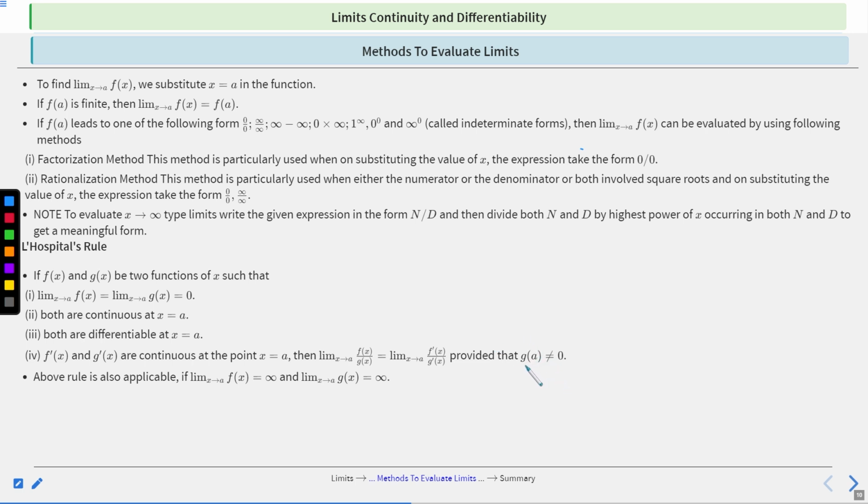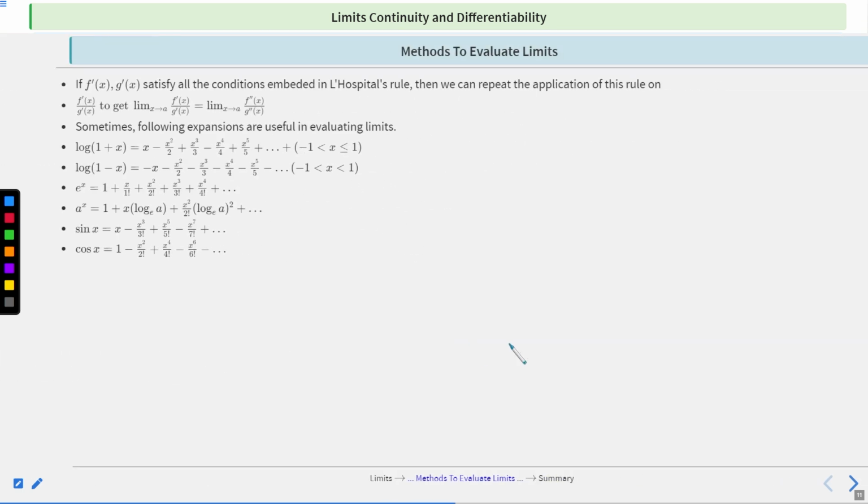The above rule is also applicable if limit x tending to a f(x) is equal to infinity and limit x tending to a g(x) is equal to infinity. Clear? So L'Hospital's rule can be applied in 0/0 form or infinity/infinity form, right?